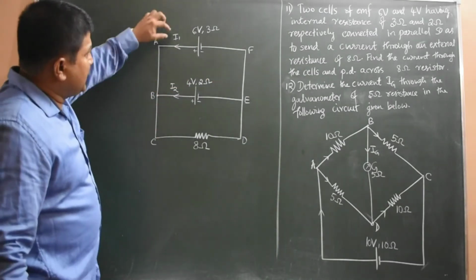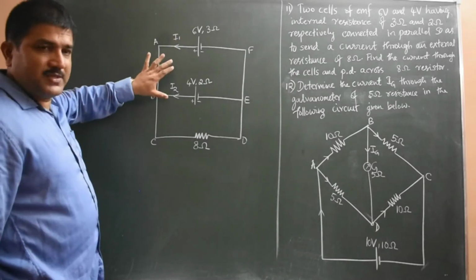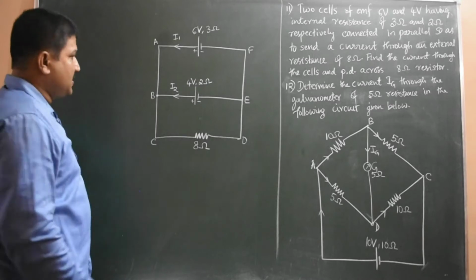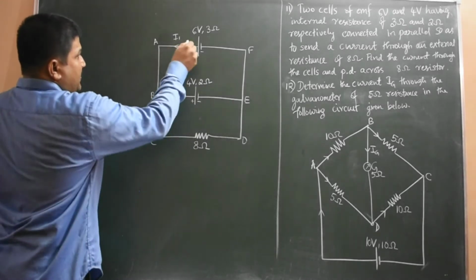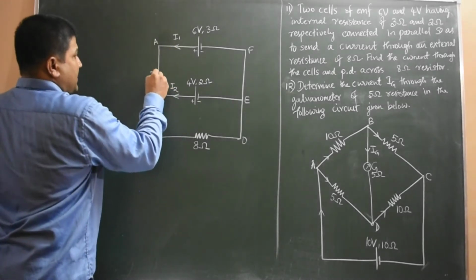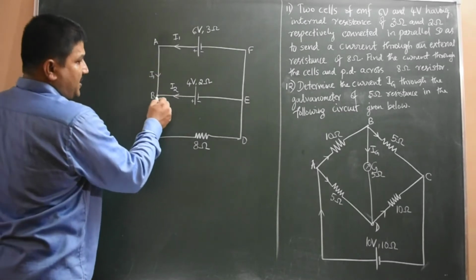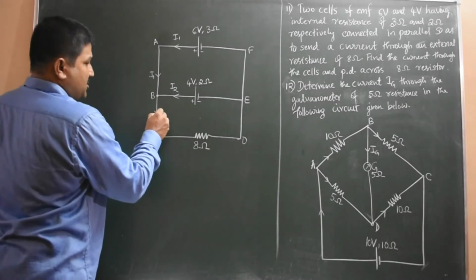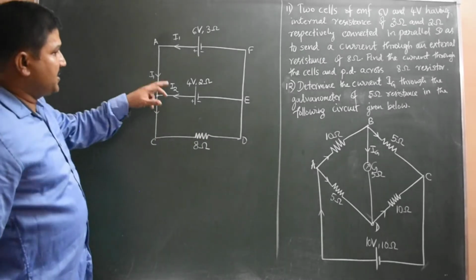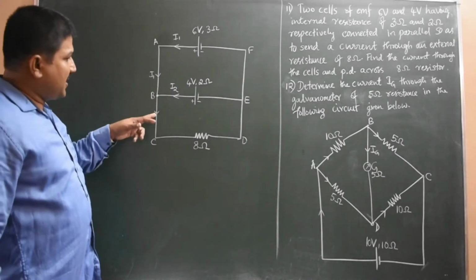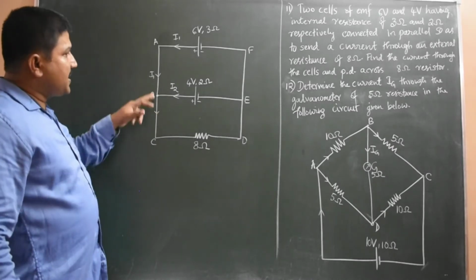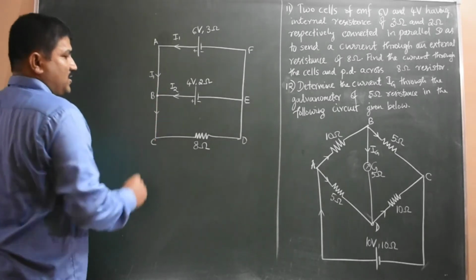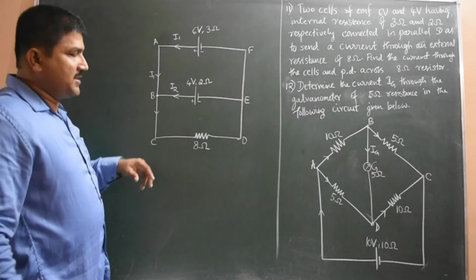Now the current I1 from the first cell and the current I2 from the second cell. At junction B, two currents are entering, I1 and I2. According to Kirchhoff's junction rule, the current entering the junction equals the current leaving the junction. You can take it as I3, but that I3 is I1 plus I2. I don't write I3 because we have to reduce the number of variables to solve the equations.